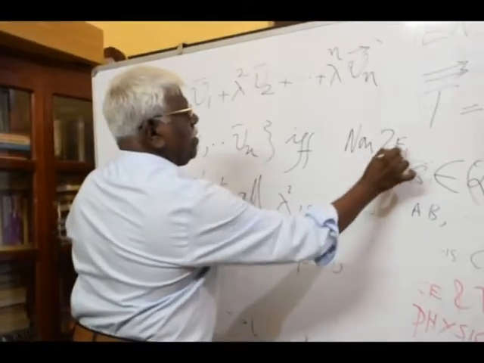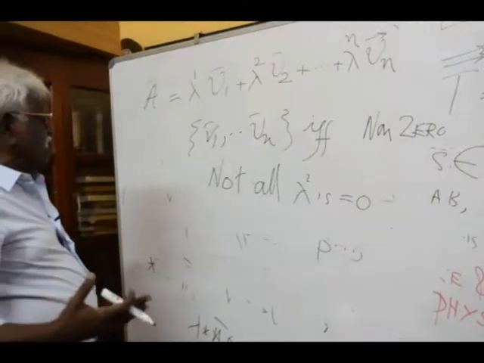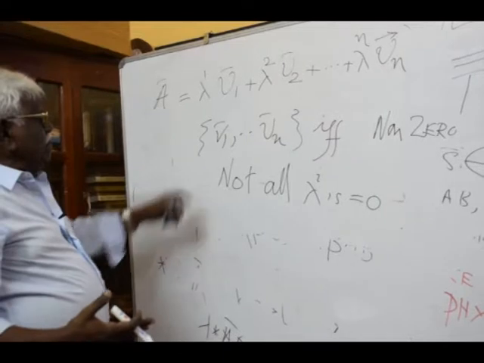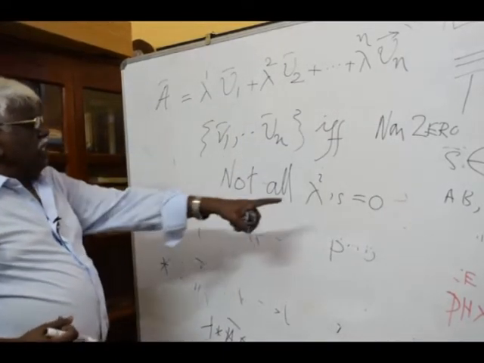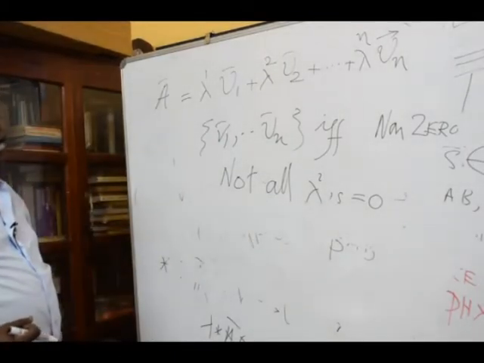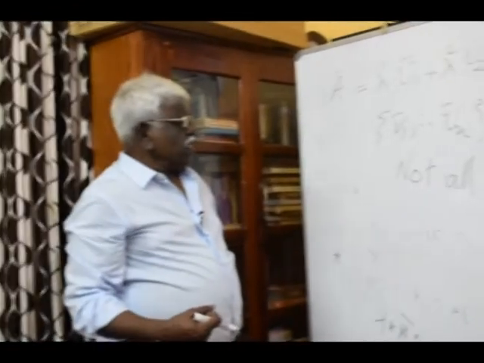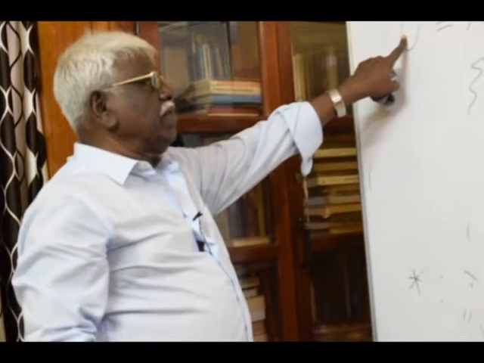These vectors v1, v2, vn etc. are non-zero vectors, and if not all of the lambda i's are 0, then the sum equals the zero vector here.